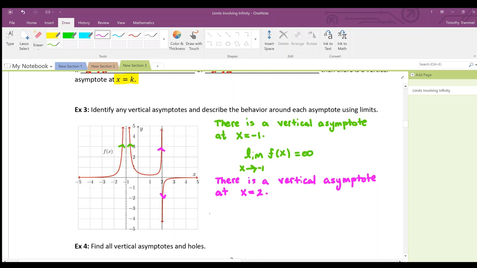And to describe the behavior, we have the limit as x approaches 2 on the right of f of x. Coming from the right, we see it's decreasing without bound, so minus infinity there. And if we approach 2 from the left, we see that it's increasing without bound, so this limit is infinity.